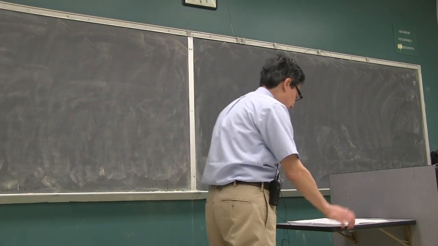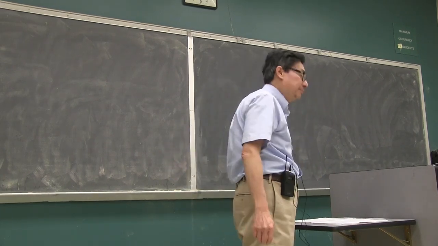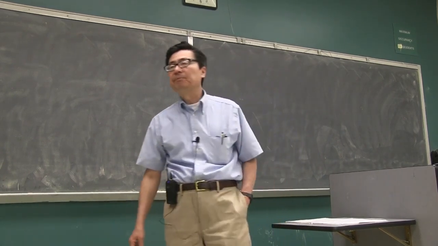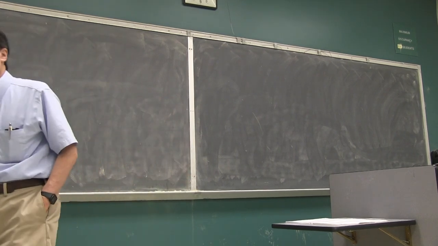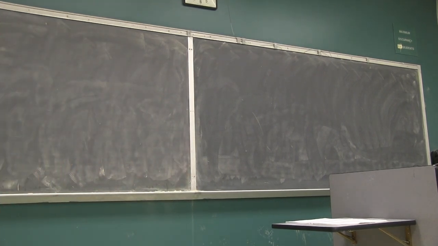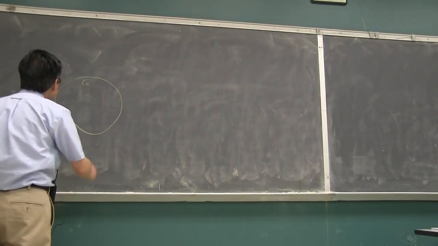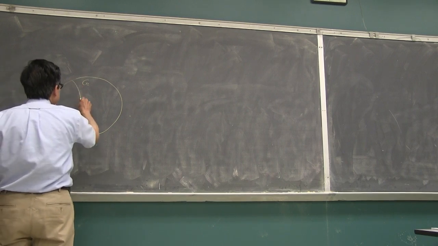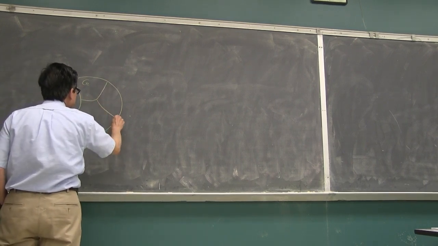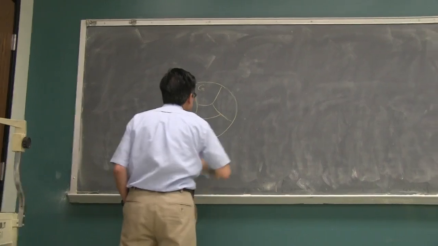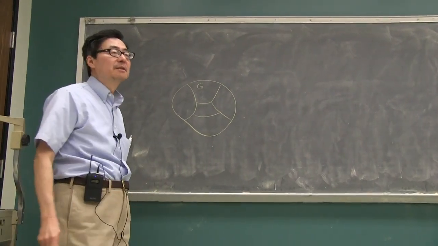So let's continue with some basic group theory. Last time we introduced the concept of conjugacy classes, and that's one way of introducing an equivalence relation into a group. Let me review this a little bit. Suppose this is a group. There's a way to divide this group up into disjoint sets.